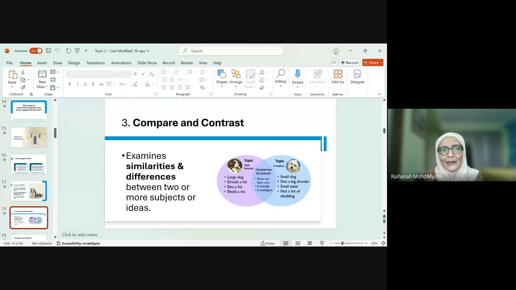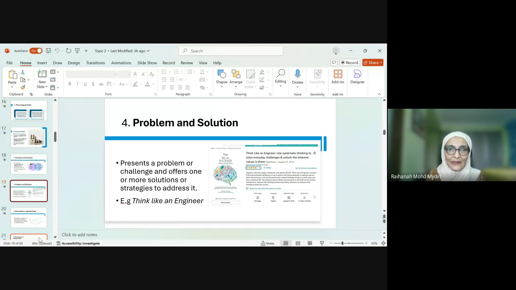And another model of discourse is looking at similarities and differences between subjects. Maybe looking at the idea of love or the idea of death, but from a different point of view. Maybe from an animal point of view or a human point of view, and comparing the two. Some stories focus on that kind of category.